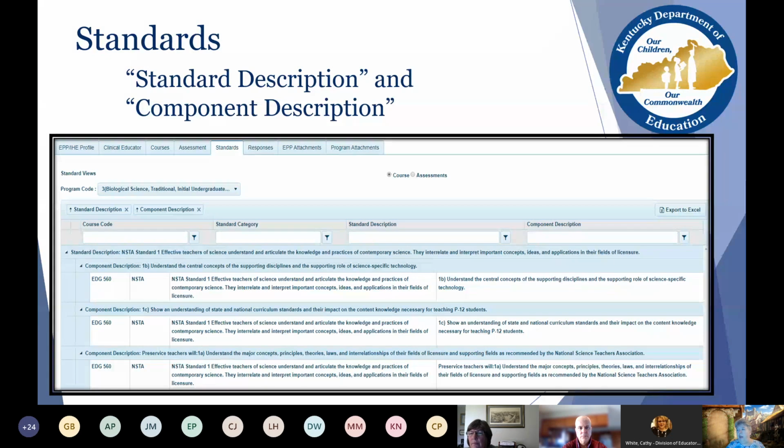So in the example you see, they have been sorted by standard category and component description. So every course that addresses NSTA Standard 1 would show up on the list, then the next one. This particular screen can be very long and would be easier to focus if you use some of the features to sort, group, and filter the data.